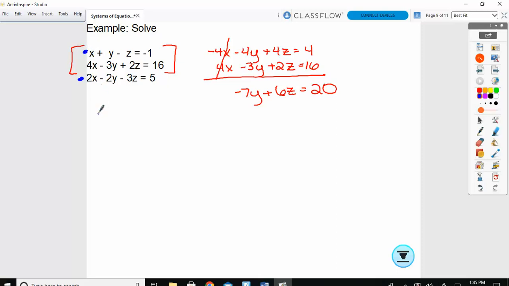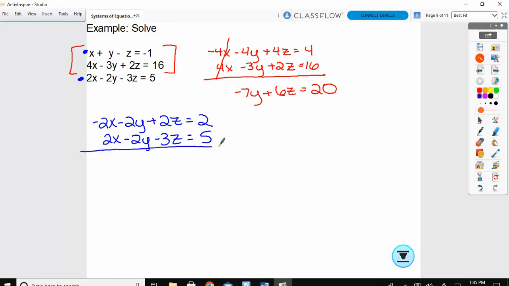So what would you have to do this time? Okay, take the first one times -2. So when I put those together, we have -4y minus z equals 7.